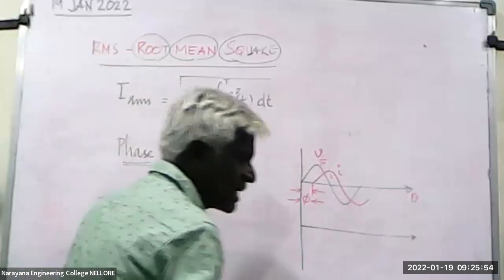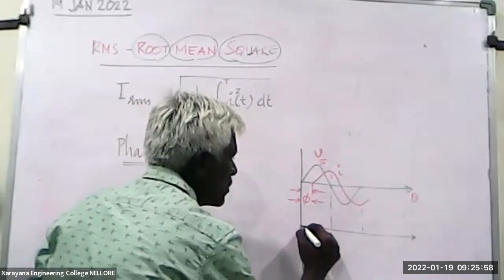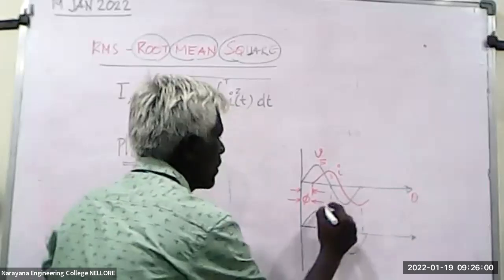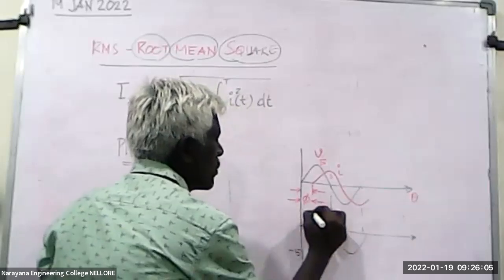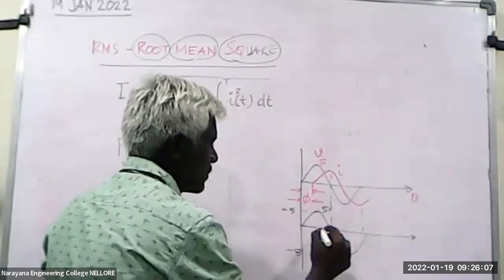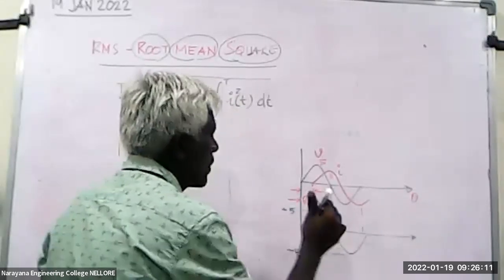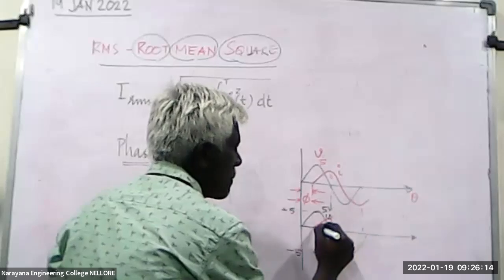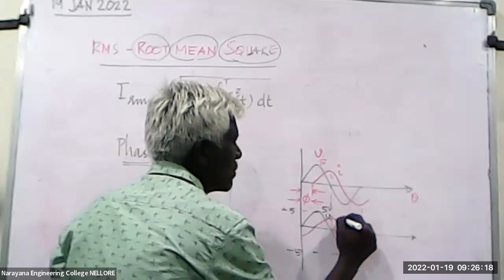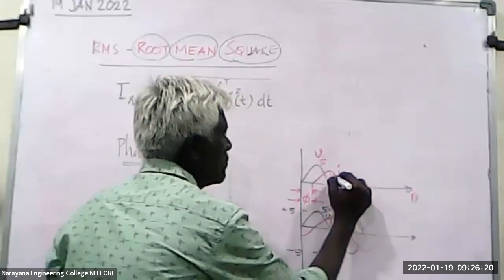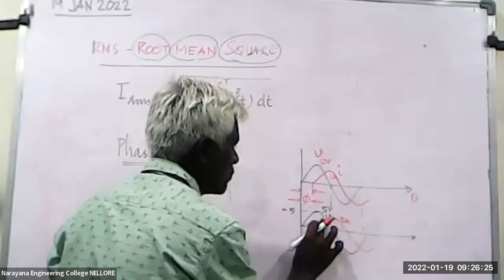Otherwise, I can draw another waveform so that you can better understand. This is my plus 5 volt and this is my minus 5 volt, and this is my voltage V, and I have current, and this is my 3 amps.